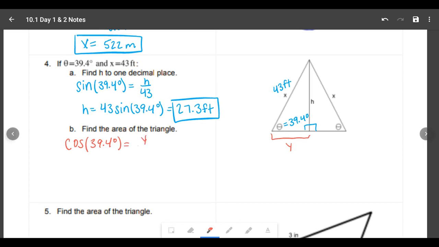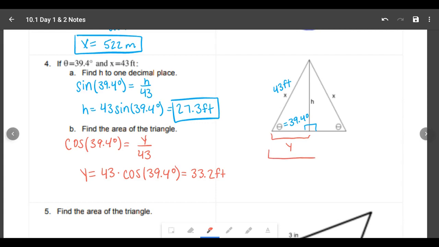Because when I set that up, I should get that that's equal to y over the given 43 feet. And so again, when I go through and solve for y, this is a really simple calculation. You can plug straight into your calculator. And if we round to one decimal place, we get 33.2 feet.